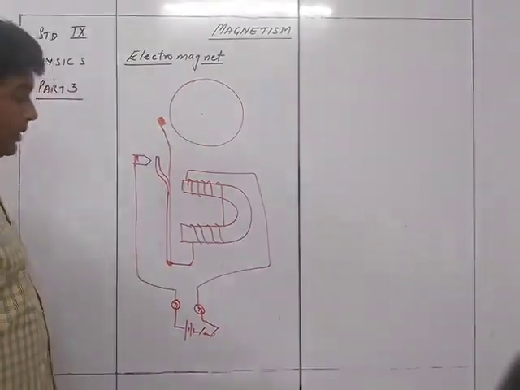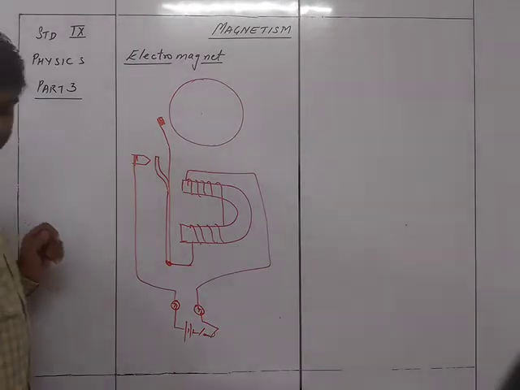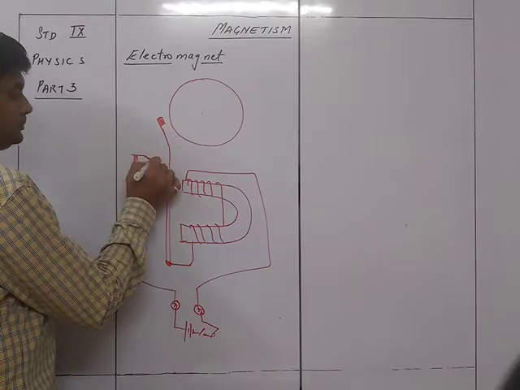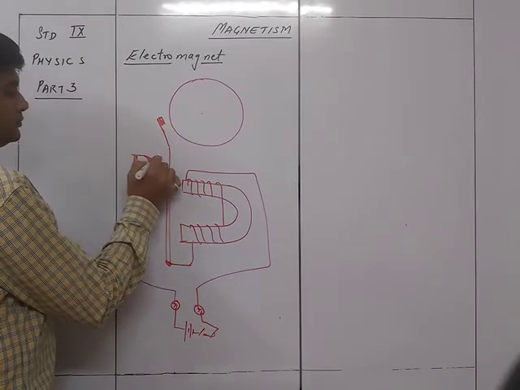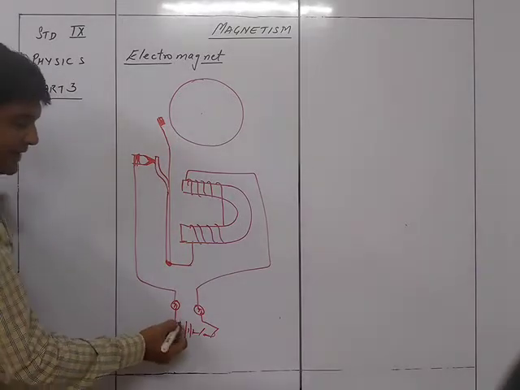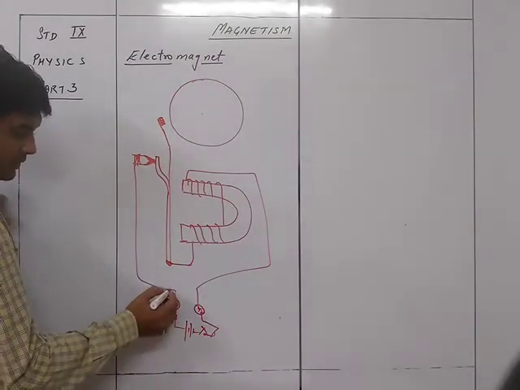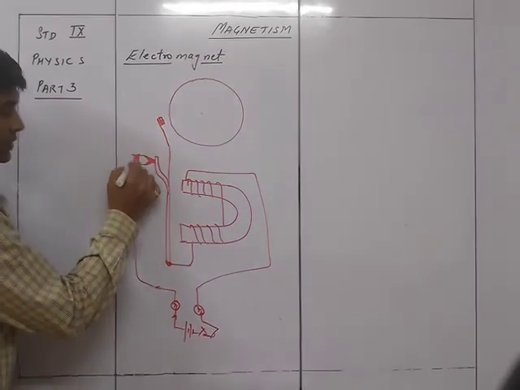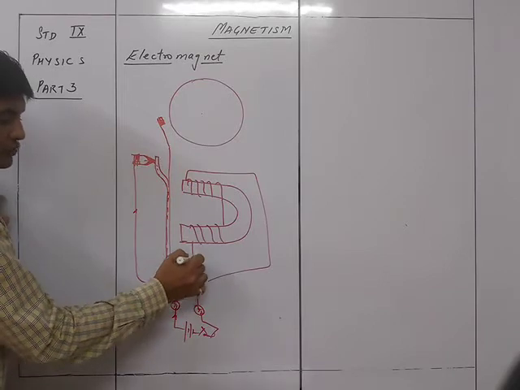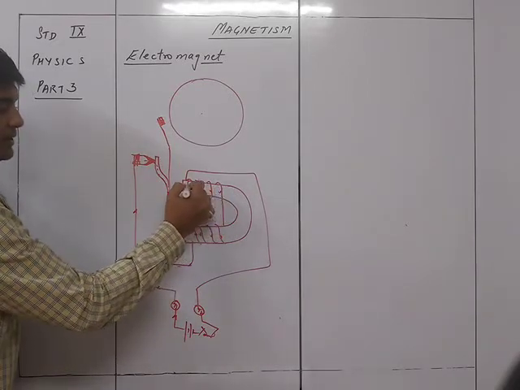Now, what is going to happen is this way. The current is made to switch on, the current flows from here, it flows here, goes to this point, goes to this strip, goes to this point, travels inside this particular electromagnet.